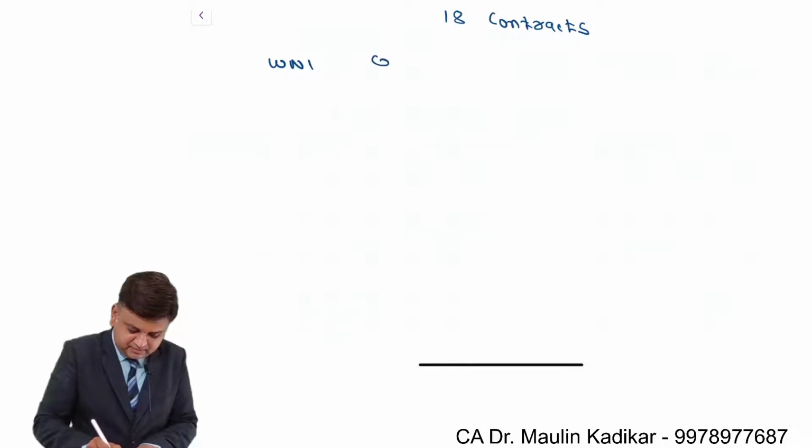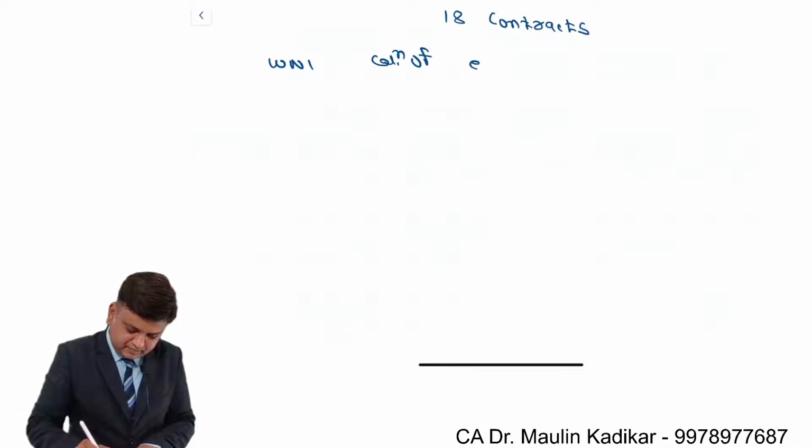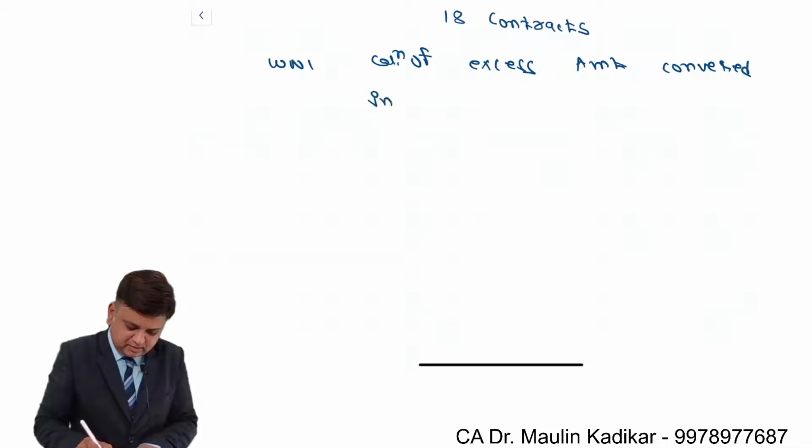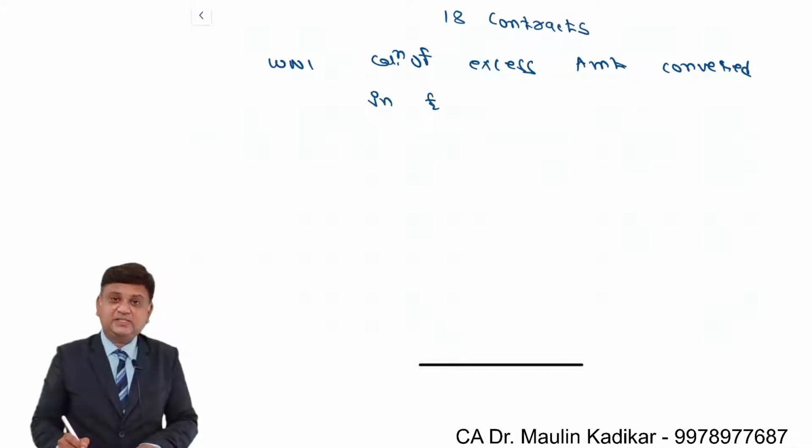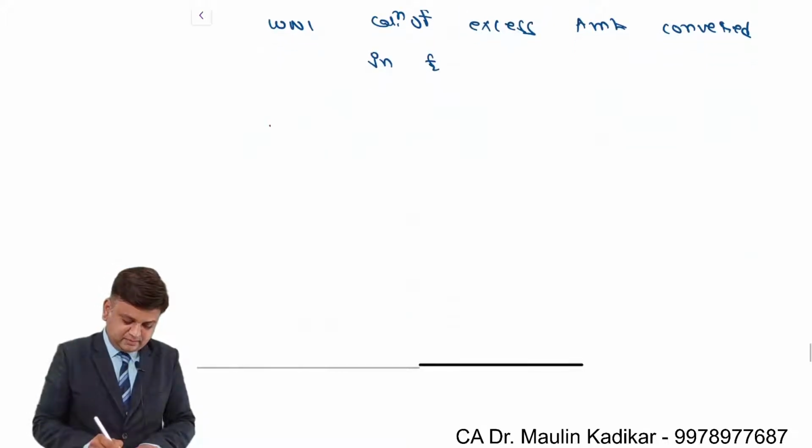Working note number 1, calculation of excess amount, converted in pound. That is the first working note that you have to prepare.